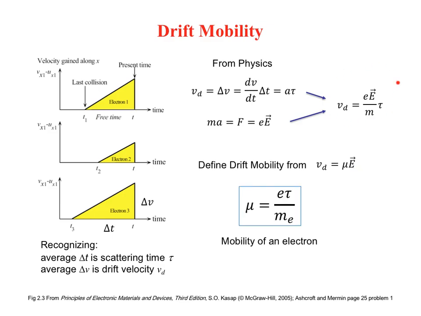Then from the above, we find that the drift mobility is simply the electric charge and the time between collisions divided by the mass. Because mobility is essentially a relationship between the net velocity of the particle and the force that is pushing on the particle to make this velocity, it is a fundamental property about the particle, and so we will be talking about mobility quite a bit in this class.